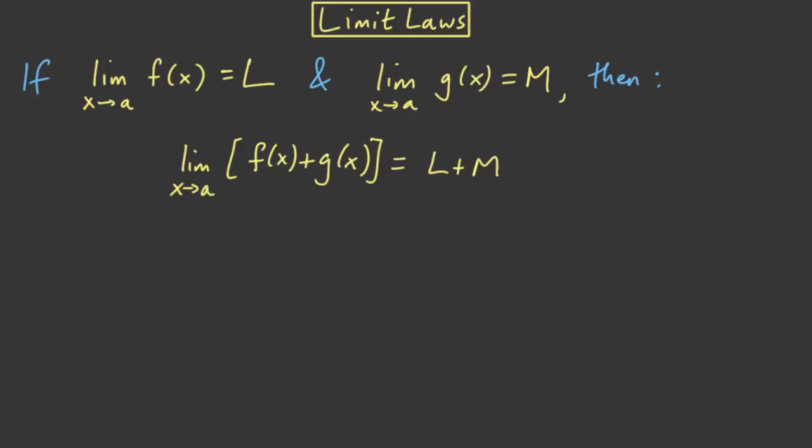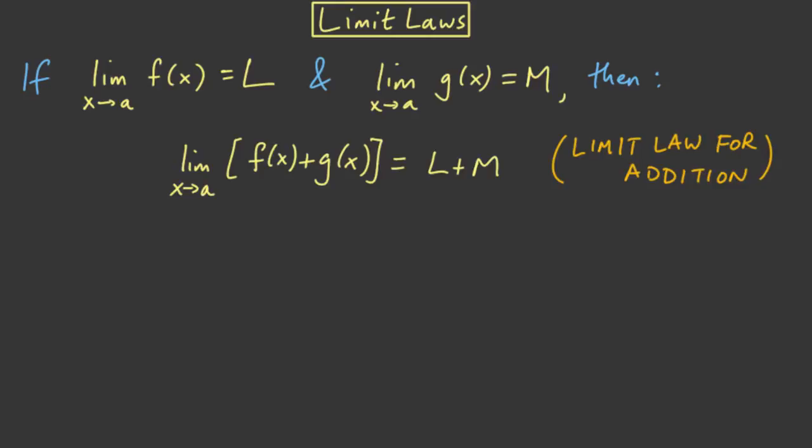So the limit of the sum is the sum of the limits. And this will work with one-sided limits as well, as long as you're coming in from the same side on all three limits. For instance, x approaches a from the right, a from the right, a from the right, like that. Okay? This is called the limit law for addition.